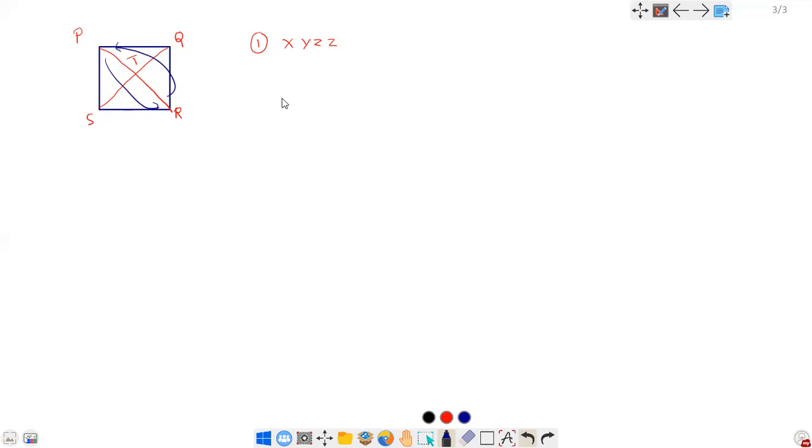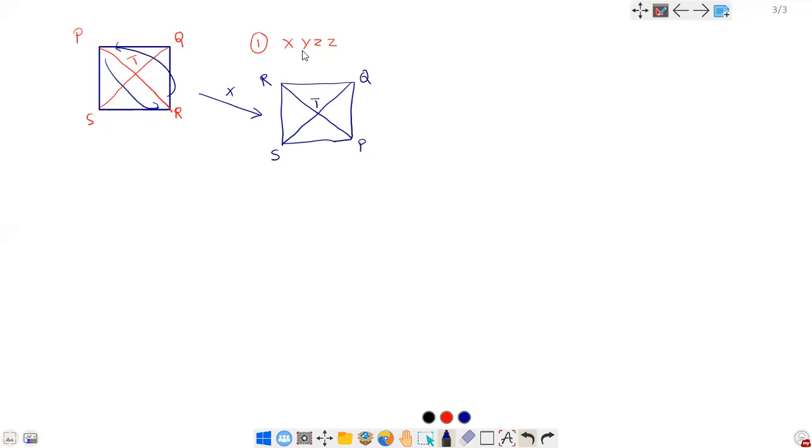So what is the structure we got? R has reached this side, P has reached this side, S as it is, Q as it is, and T as it is. So this is the structure after performing the X operation.